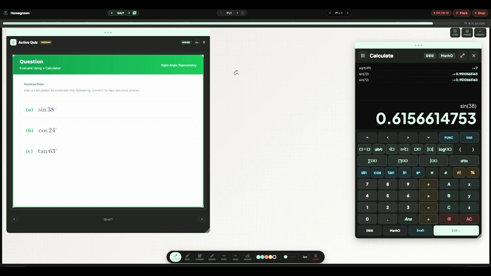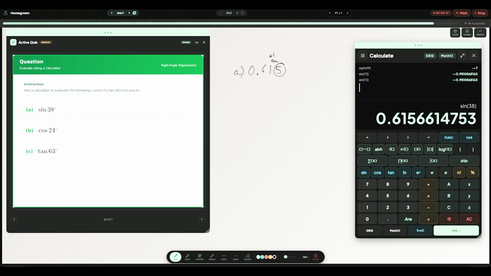0.61, that's two decimal places. But we need to go one more over, which is our critical digit. We need to see if this number is 5 or greater, then we're going to round up by adding 1 to this number over here.